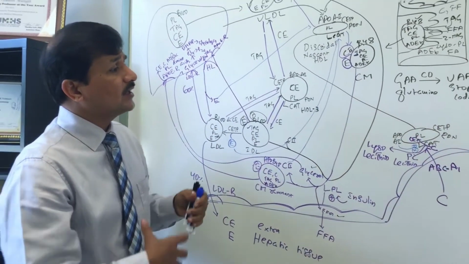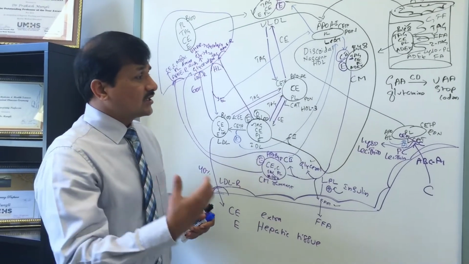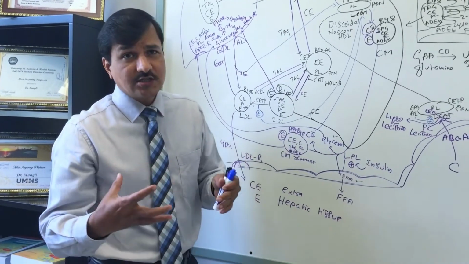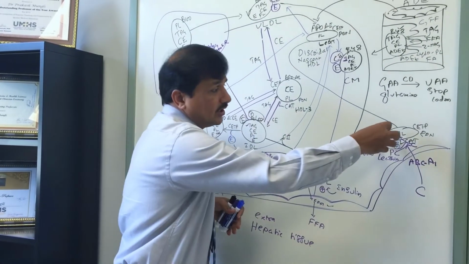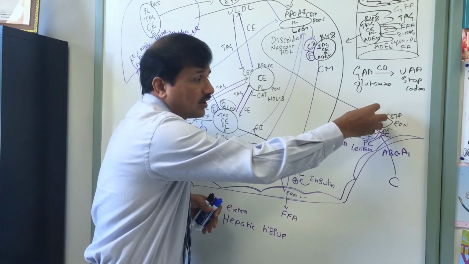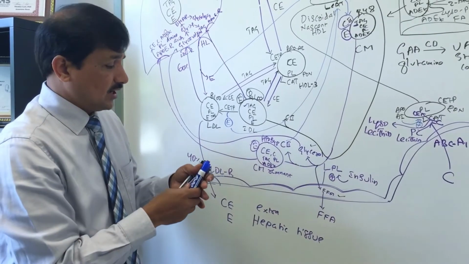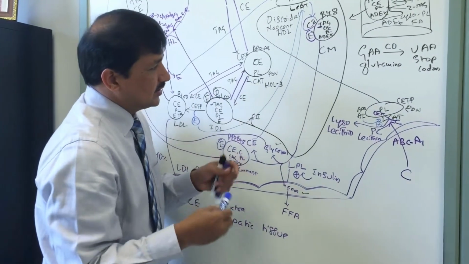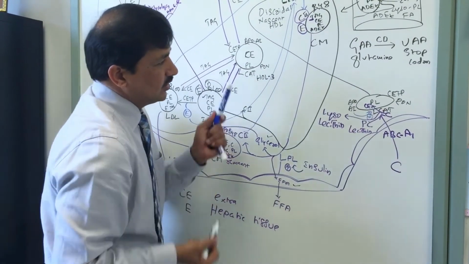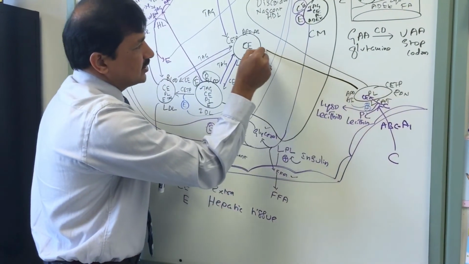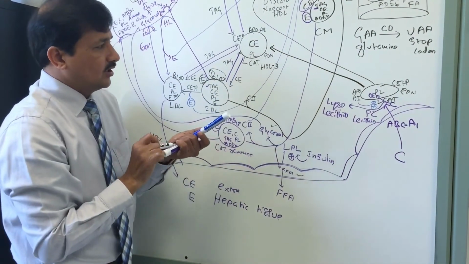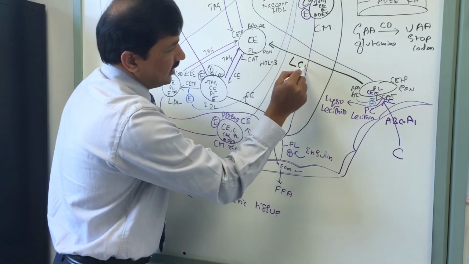LCAT continuously does this. As the continuous accumulation of cholesterol ester goes on, it accumulates in the central core of the nascent discoidal HDL molecule. That's why it's going to change its shape. Basically, your nascent discoidal HDL molecule will be converted into HDL3 because of the continuous action of the LCAT enzyme.